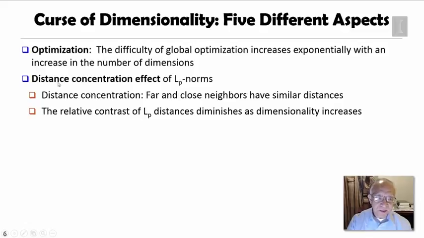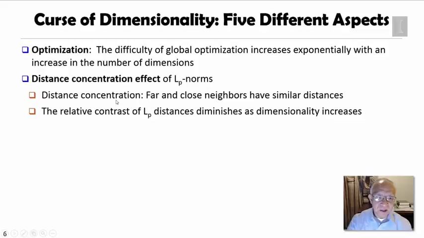Then the second problem is the distance concentration effect of the LP norms. For the LP norms, for example, if L1, we just use the Manhattan distance, L2 is just the Euclidean distance, which we studied.